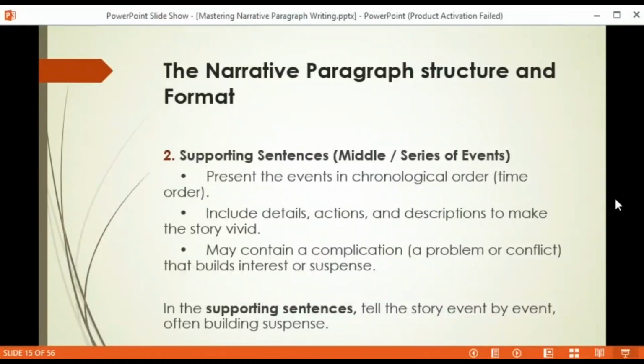May contain a complication, a problem, or conflict to build interest or suspense. In the supporting sentences, tell the story event by event, often building suspense. Next slide, please.